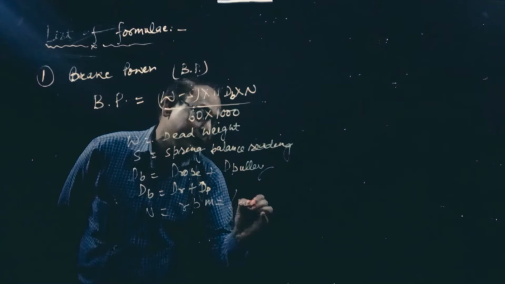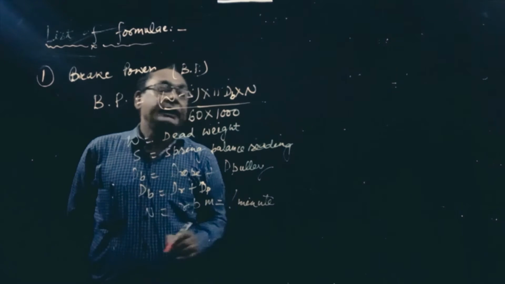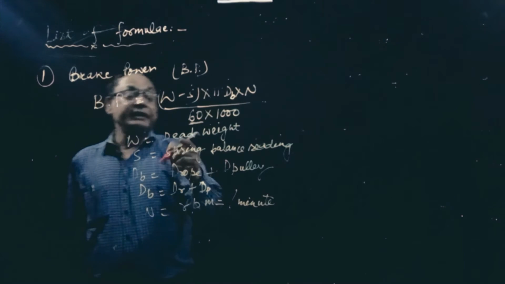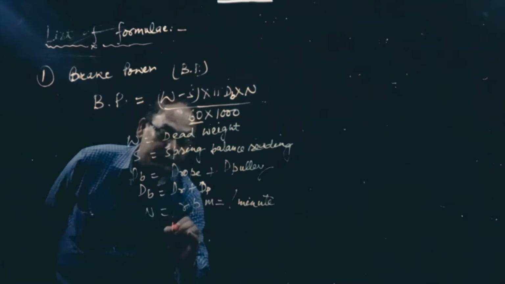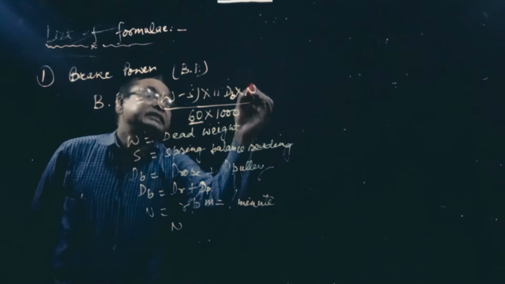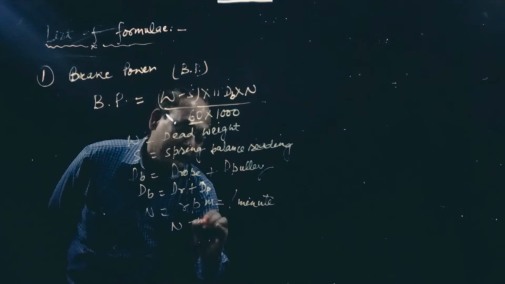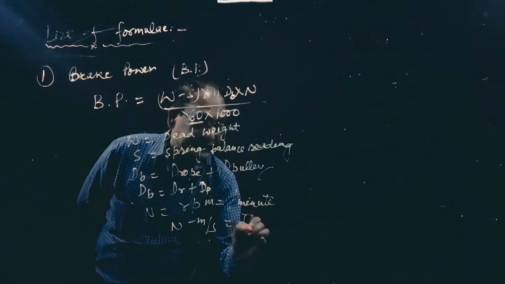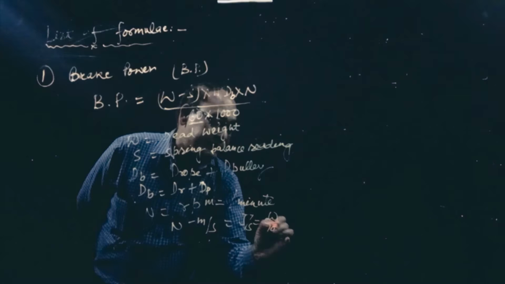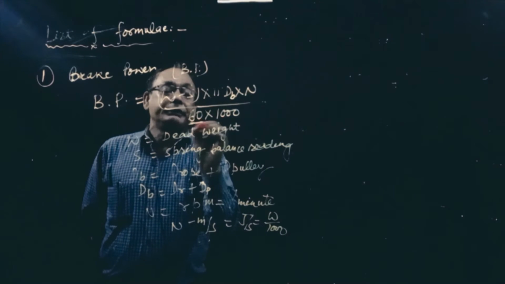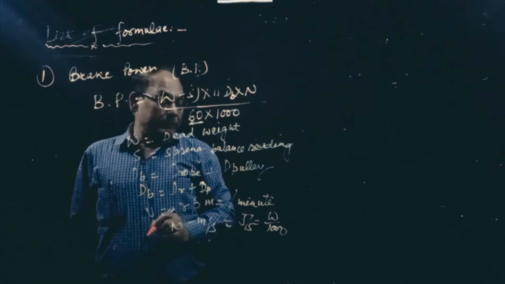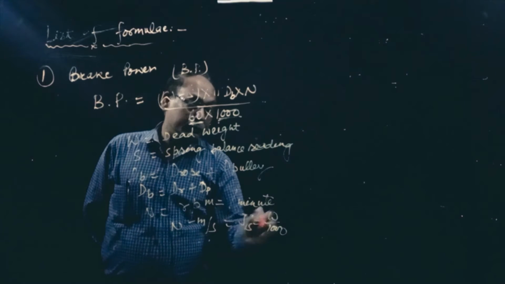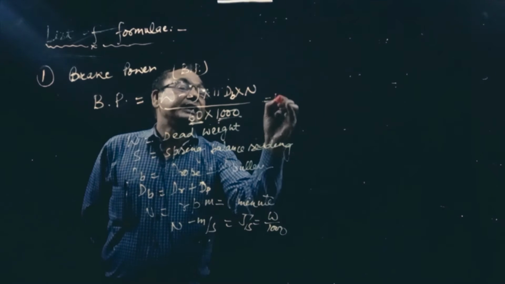That is why to find out the power I have divided by 60, so it is per second. Unit wise, Newton, diameter in meter, Newton meter is joule, joule per second is watt, watt divided by 1000 is kilowatt. So this will be directly kilowatt.